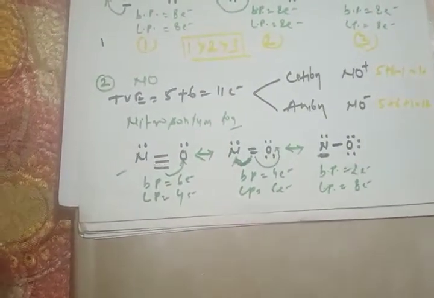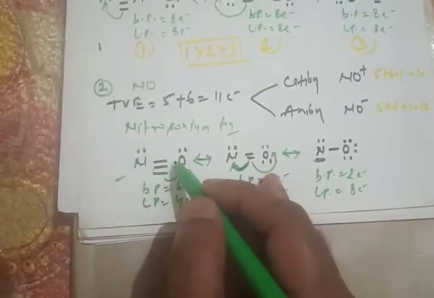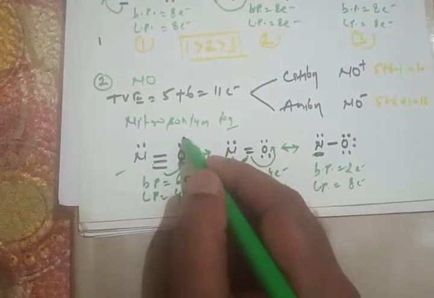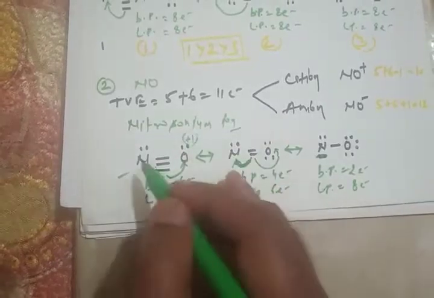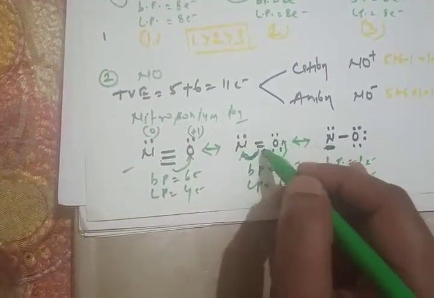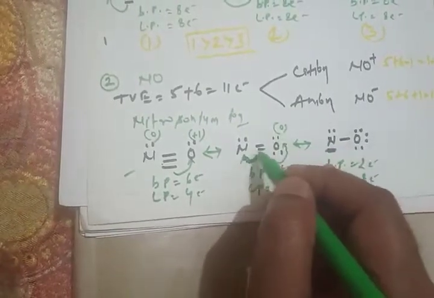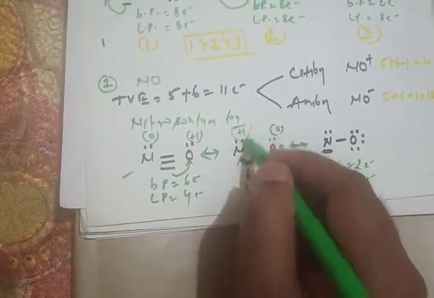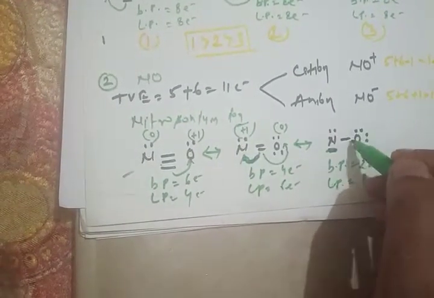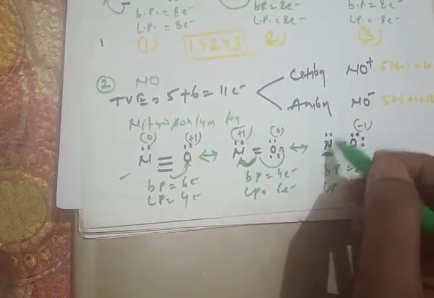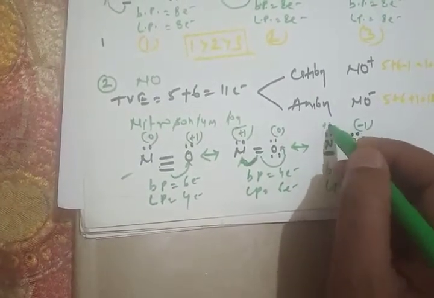Although if you go for the formal charge, in this condition 1, 2, 3, 4, 5, here we need one more, so plus 1. Here the formal charge will be 0: 1, 2, 3, 4, 5, 6, so no formal charge here. 1, 2, 3, 4, so we require one more, so here it is plus 1. In this case 1, 2, 3, 4, 5, 6, 7, 1 is in excess, so minus 1. 1, 2, 3, 2 required, so plus 2.